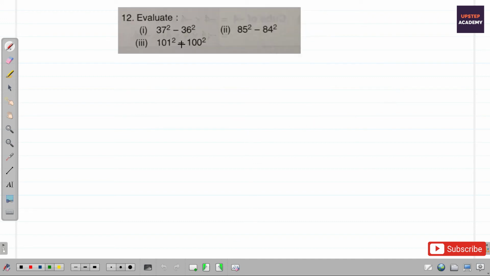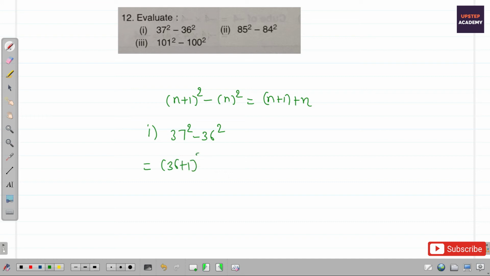Question number 12 is, evaluate 37 square minus 36 square. You know the seventh property of square numbers. The seventh property is (n plus 1) square minus n square equals (n plus 1) plus n. Here, 37 square minus 36 square is equal to (36 plus 1) square minus 36 square.